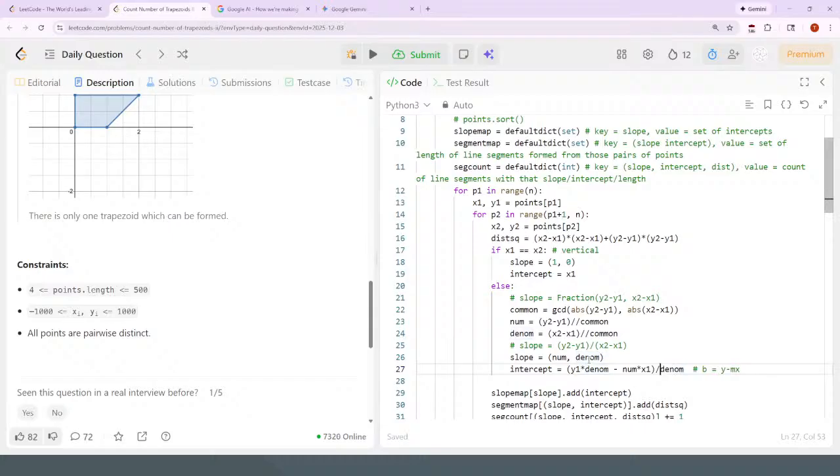Yeah, I think that's right. So b equals y minus n over d times x, which equals yd over d minus nx over d, which equals (yd minus nx) over d. Okay.